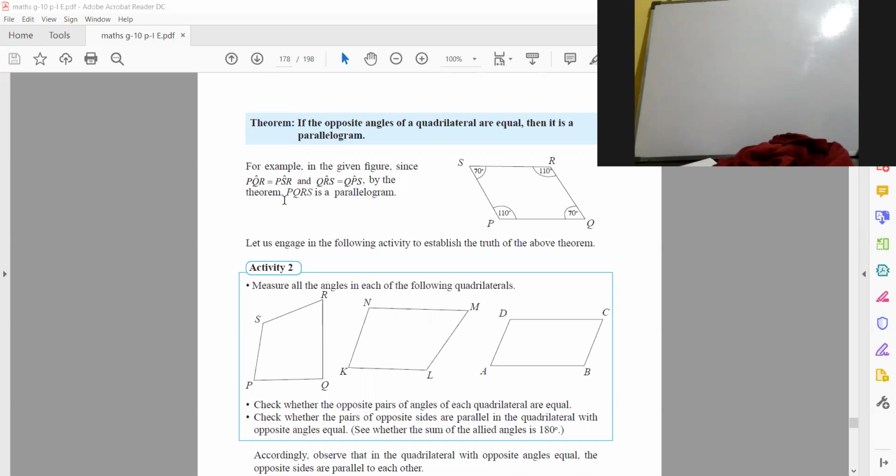The third one. Third one is if the diagonals bisect each other in a quadrilateral, then it is a parallelogram, right?